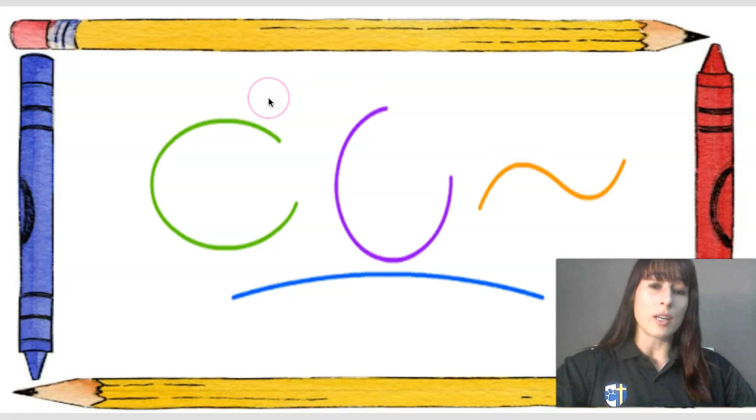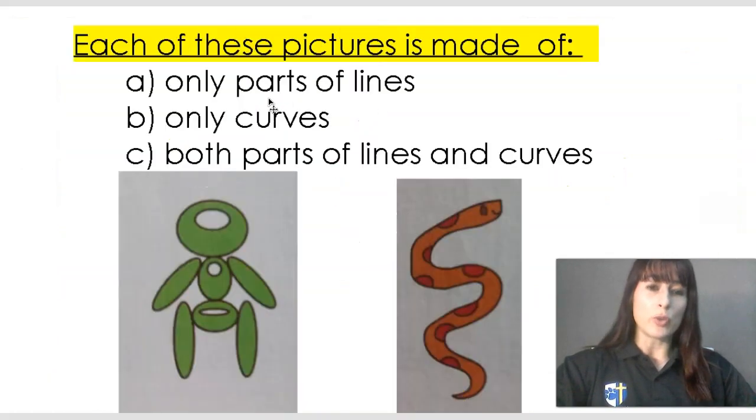Now, if you look at different pictures, you will notice that pictures could be made of curves only, parts of lines only, or both parts of lines and curves. Let's study these two pictures here and see if we can identify correctly if we see only parts of lines, only curves, or both.